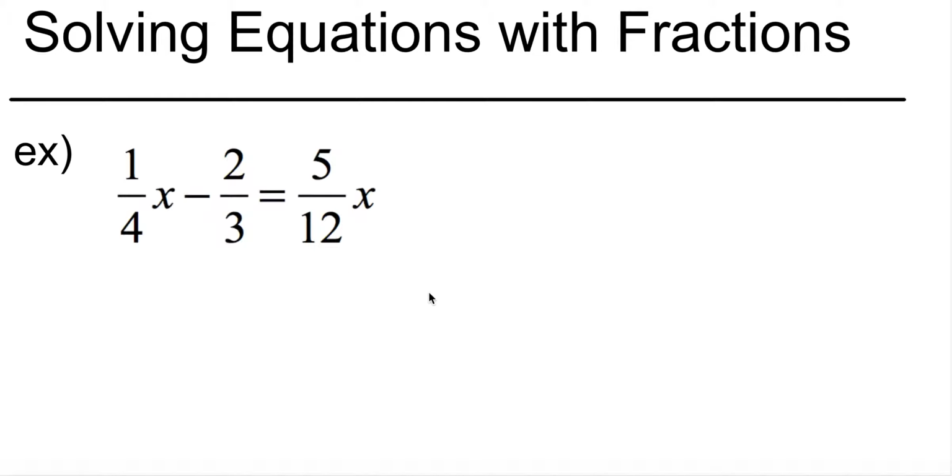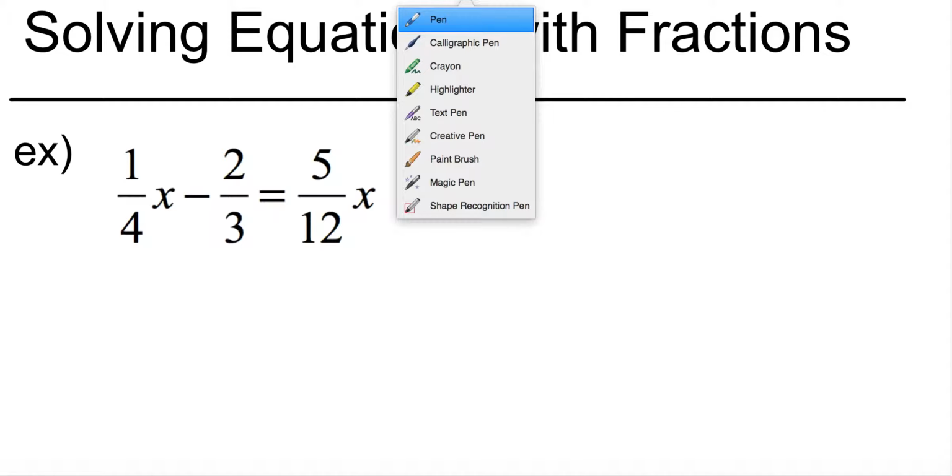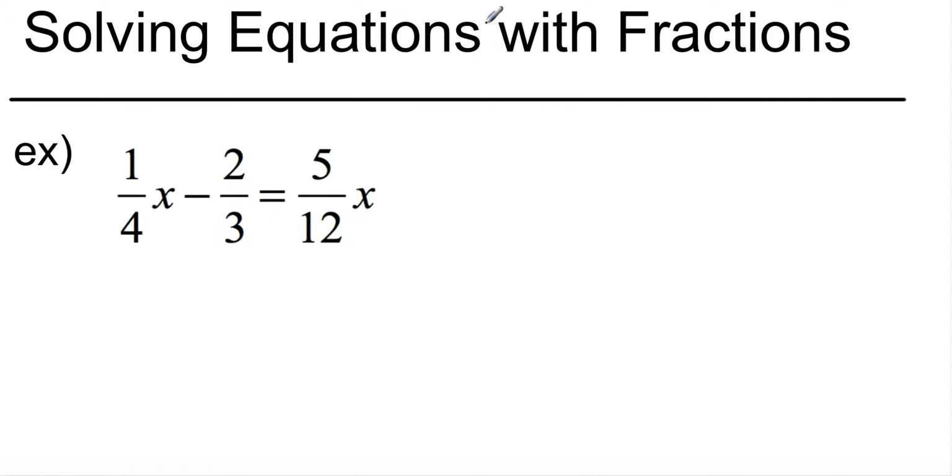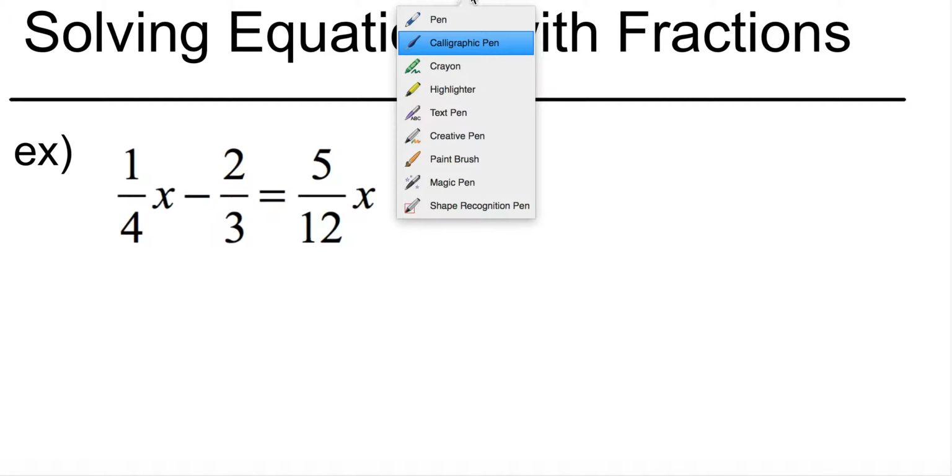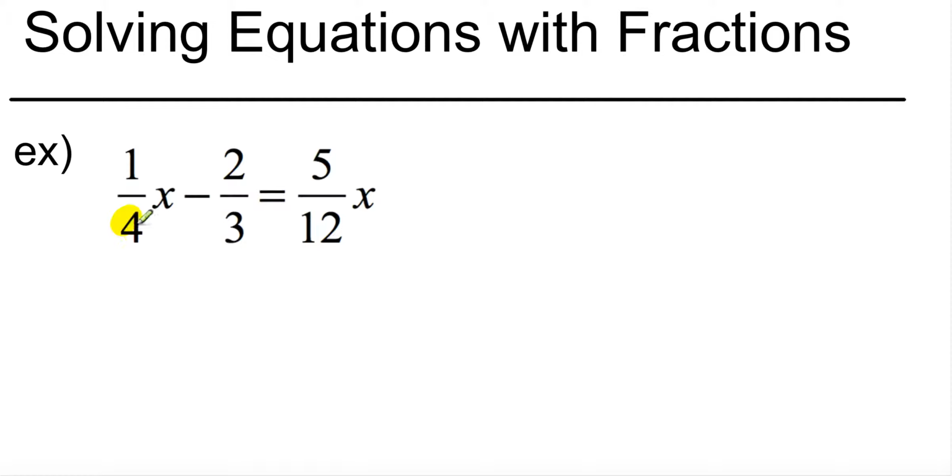Anytime you see an equation, no matter what type of equation it is, I always recommend getting rid of the fractions first. So when we talk about what makes a fraction, the fact that we have a denominator piece there, that makes a fraction. So if we look at our denominator pieces, they're 4, 3, and 12.